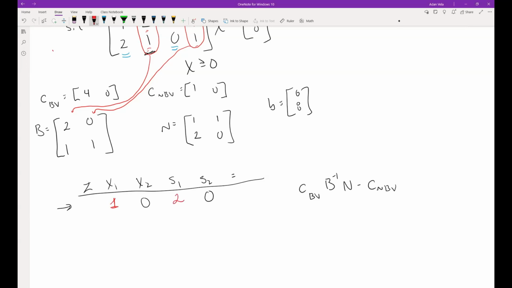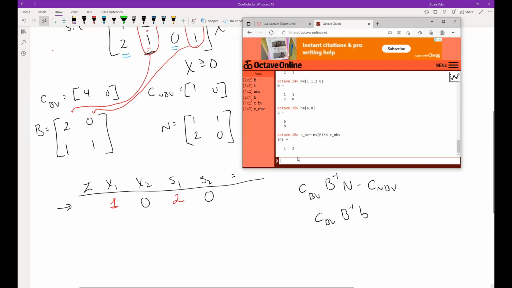The next thing we want to fill in is, what is that all equal to? We can calculate that by multiplying CBV times B inverse b. Let's go to Octave Online.